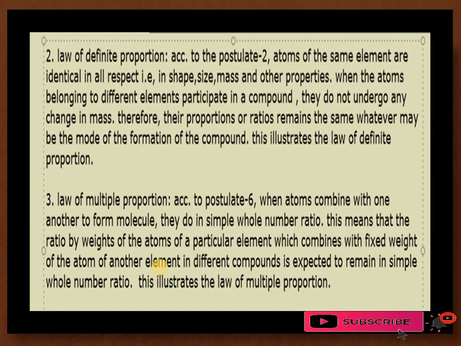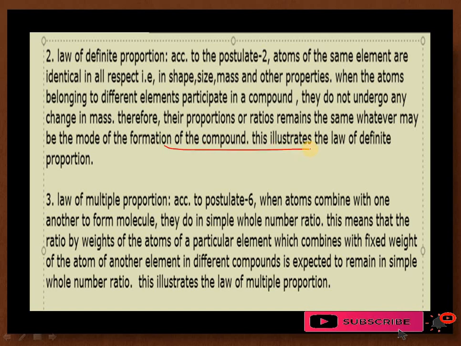Now, the second law, the law of definite proportion. According to the second postulate, atoms of the same element are identical in all respects, that is in shape, size, mass and other properties. So when atoms belonging to different elements participate in a compound, they do not undergo any change in mass, therefore their proportion or ratio remains the same whatever be the mode of formation of the compound.